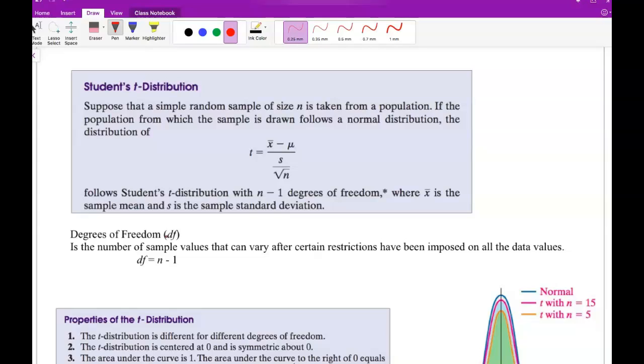Here is what we have for the student's t-distribution. Here, this is the sample mean. This S is the sample standard deviation, and n is the sample size.